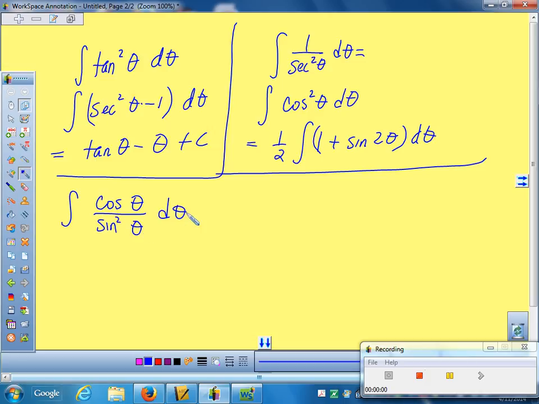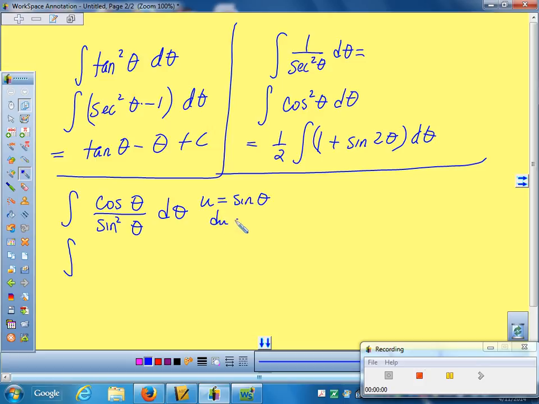If you run into a cosine over sine squared, can we turn that into a sine, like 1 over sine? It's easier than that. You just substitute u equals sine.